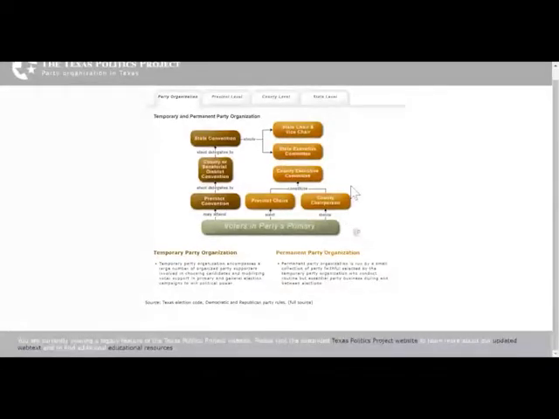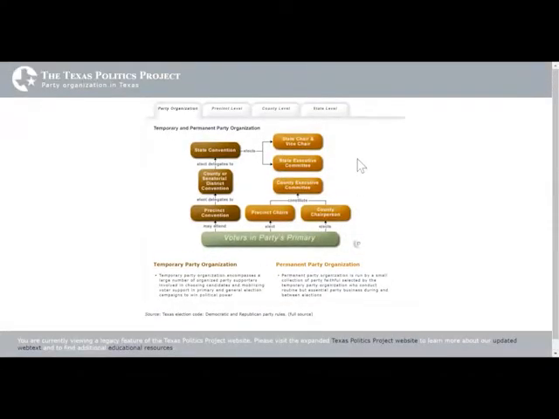So this is, right, kind of how you see this set up, right? So this, I'm sorry, let me go over here and get this orange section over here would be your permanent party organization.